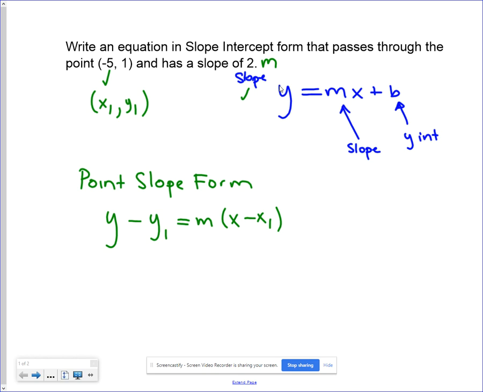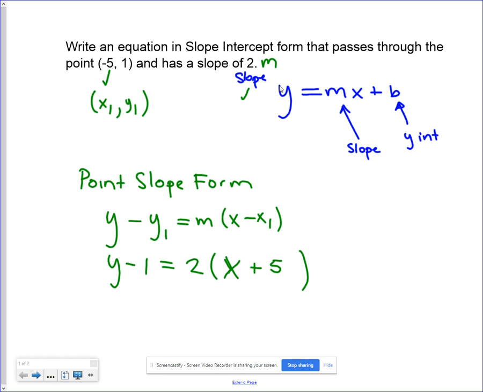So we're going to have y minus 1 equals 2 times the quantity x minus -5. Since we have minus and -5, we're going to change that to x plus 5. So right now, that's the equation written in point-slope form.